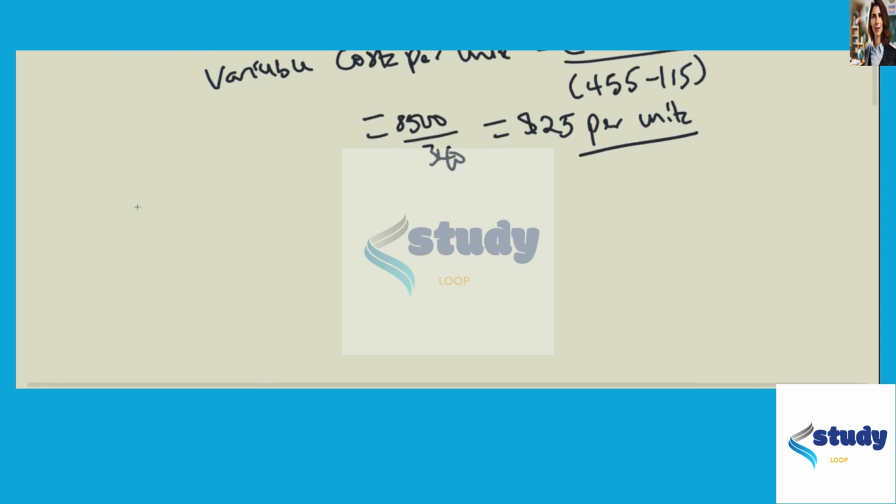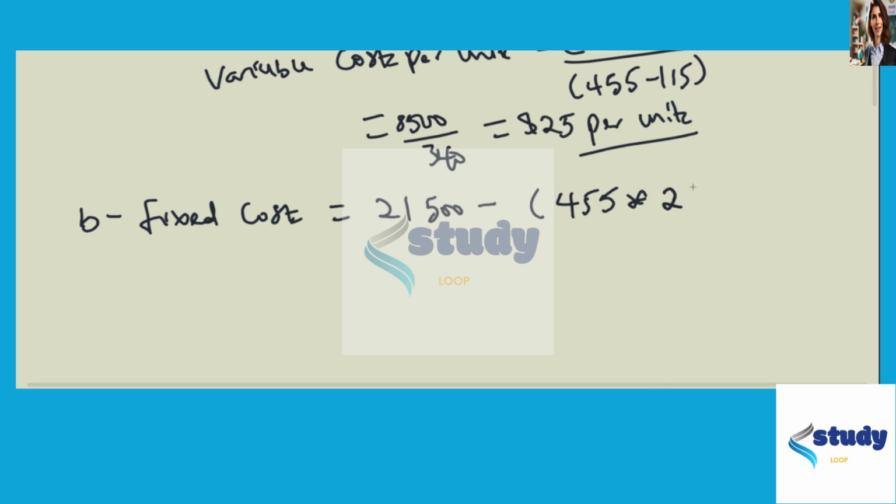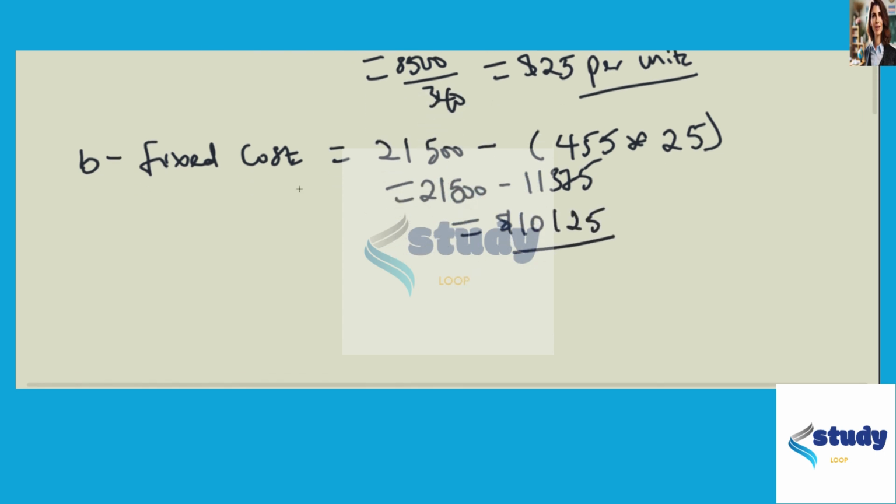Now the fixed cost will be equal to 21,500, the service department cost, minus 455, the number of reports, multiplied by 25, the variable cost. So this is 21,500 minus 11,375. So the total fixed cost is $10,125.